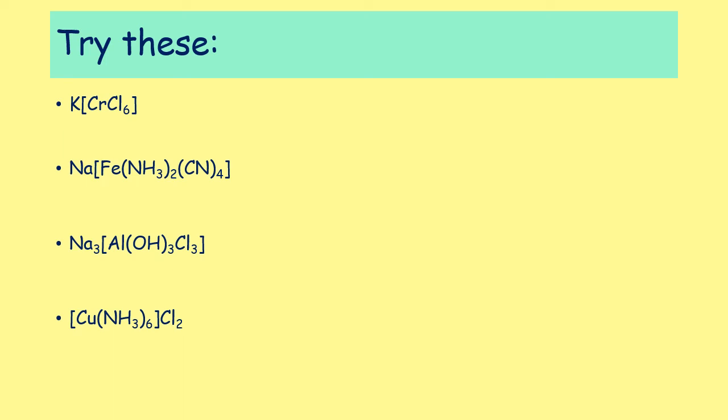For the first one, we have got potassium and then we've got the complex. Potassium is positively charged, so potassium comes first and then the complex name. So the complex has a -1 charge. We've got 6 chlorines, so it's hexachlorido. The complex is negatively charged, so the chromium is going to need to change its name.